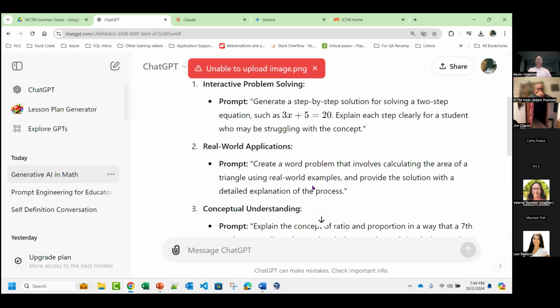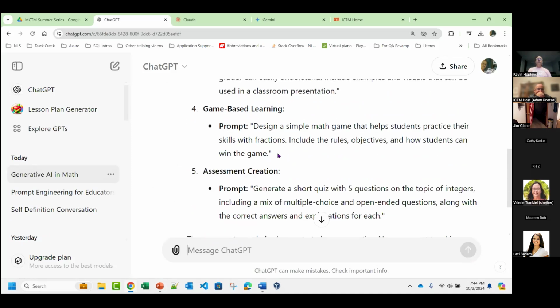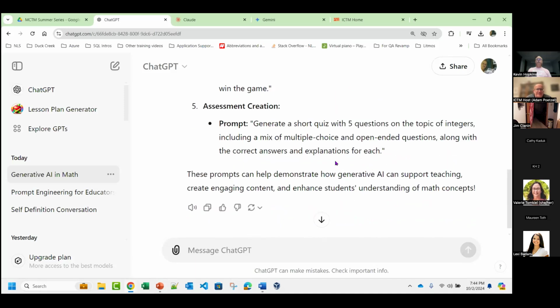Create a word problem with a real-life example and provide the solution with a detailed explanation of the process. Explain the concept of ratio and proportion in a way a 7th grader can easily understand. Include examples and visuals that can be used in a classroom presentation. Design a simple math game. Generate a short quiz.